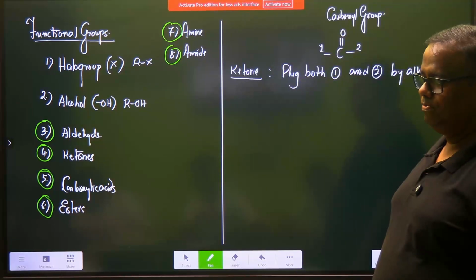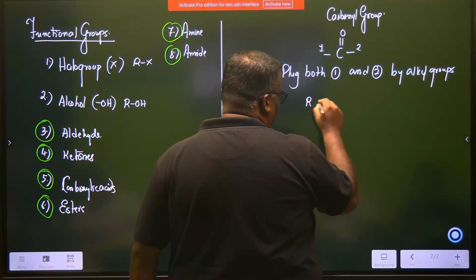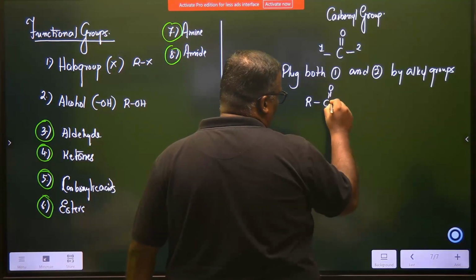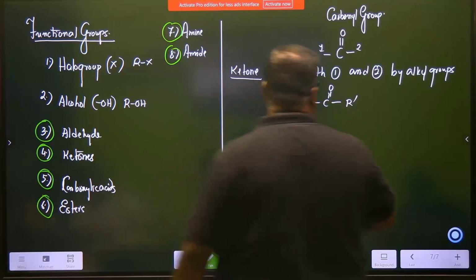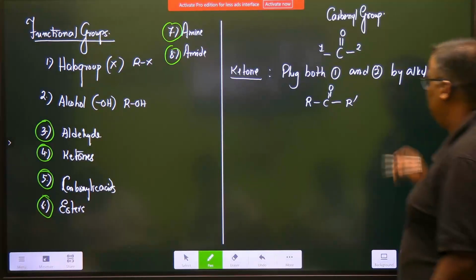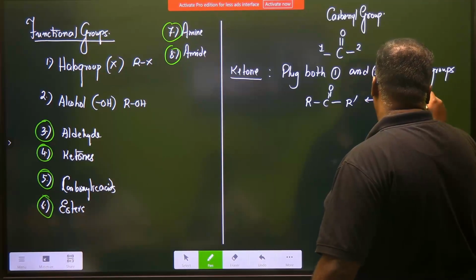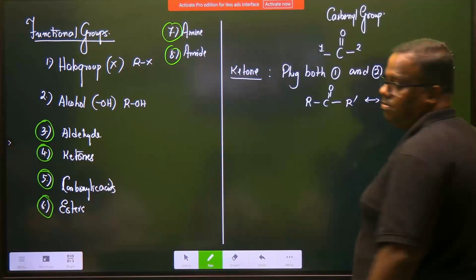Have you understood? So your structure will look like this: an alkyl group R, C double bond O, and another alkyl group called R dash. So this will be written something like RCOR dash.